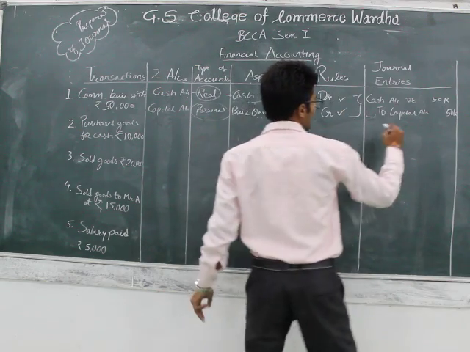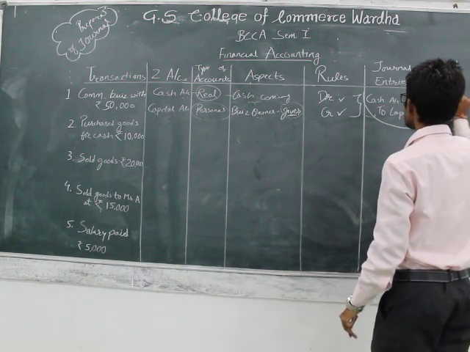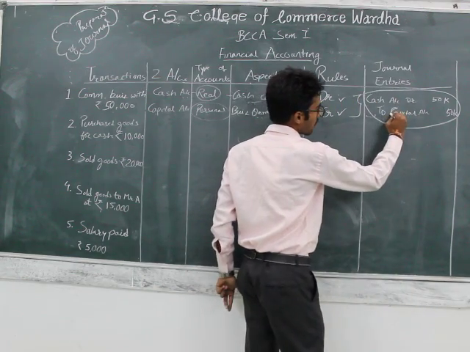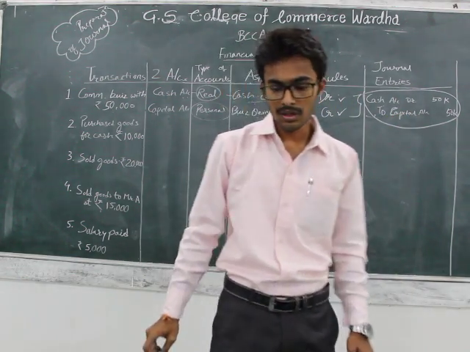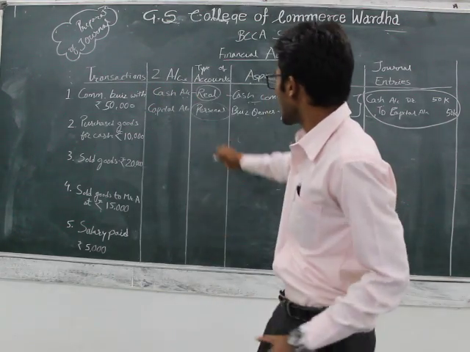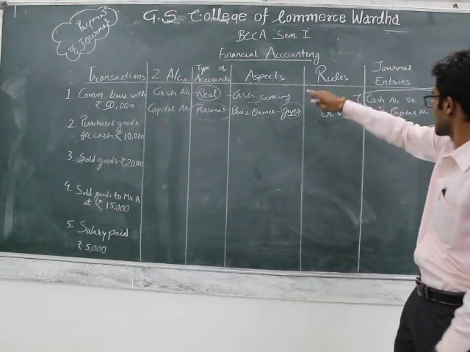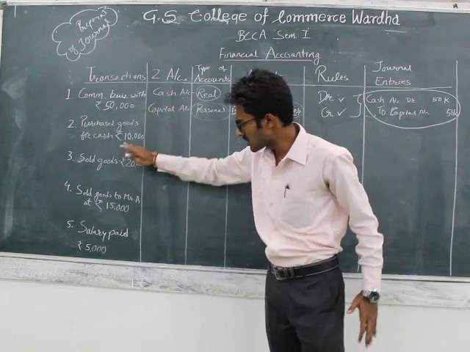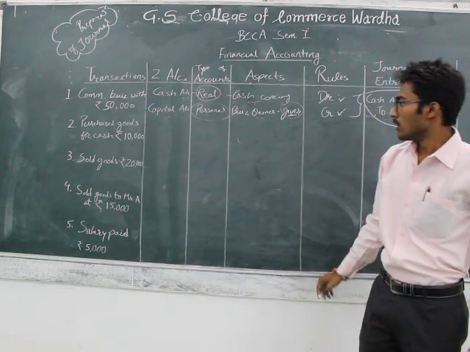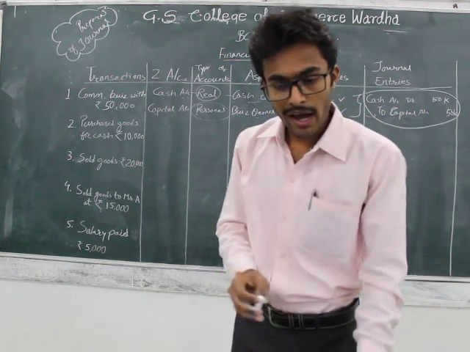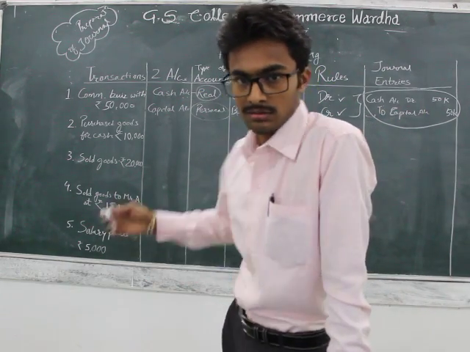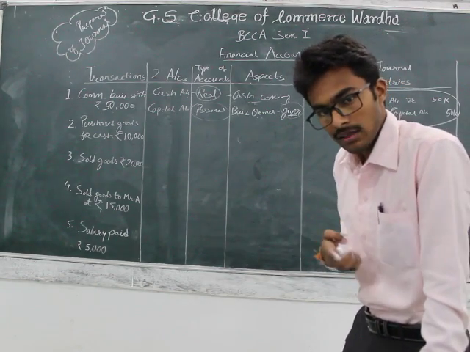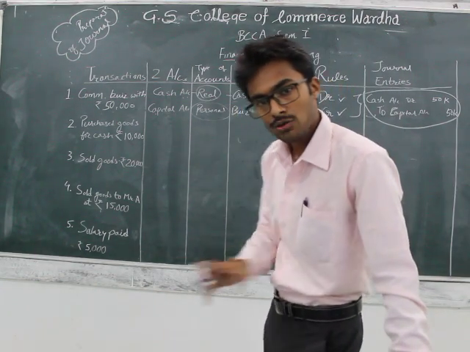The final journal entry is cash account debited to capital account. In exactly this way we will learn journal entries for other transactions as well. Okay, understood? If you have not understood this, rewind the video and watch this part again.